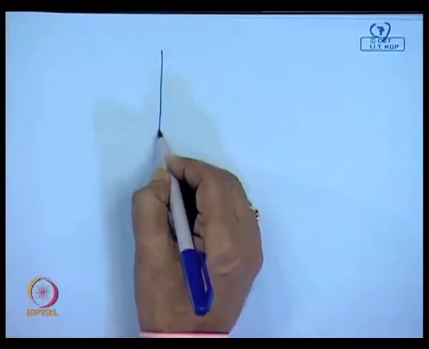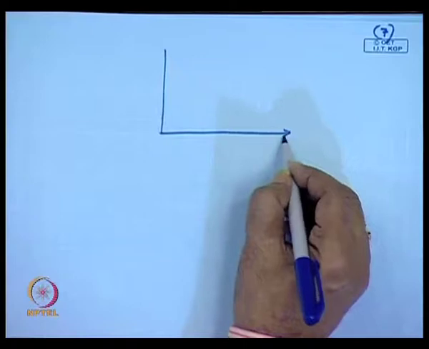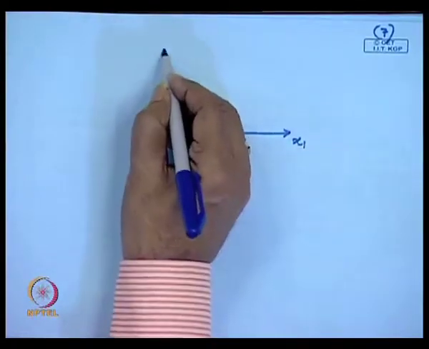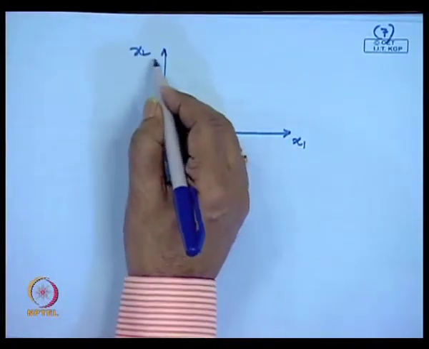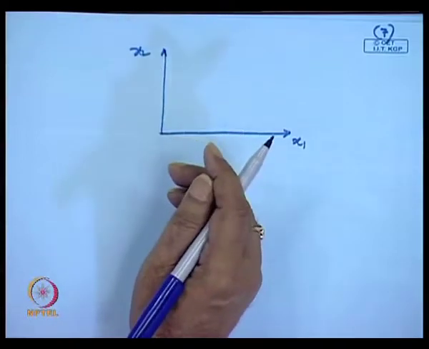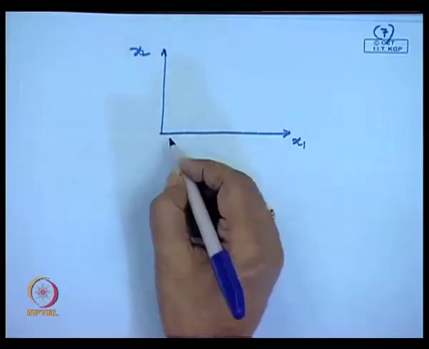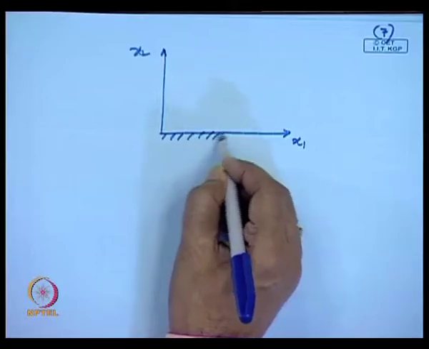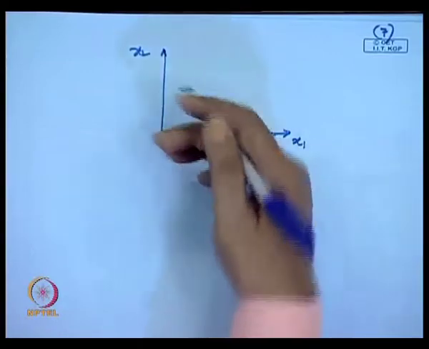This is easy to represent. First we have a coordinate axis, x1 and this is x2. Since x1 is greater than or equal to 0, this indicates the upper half from this line.